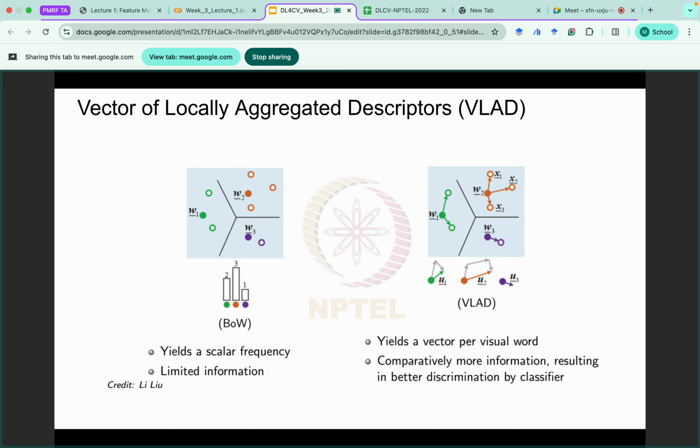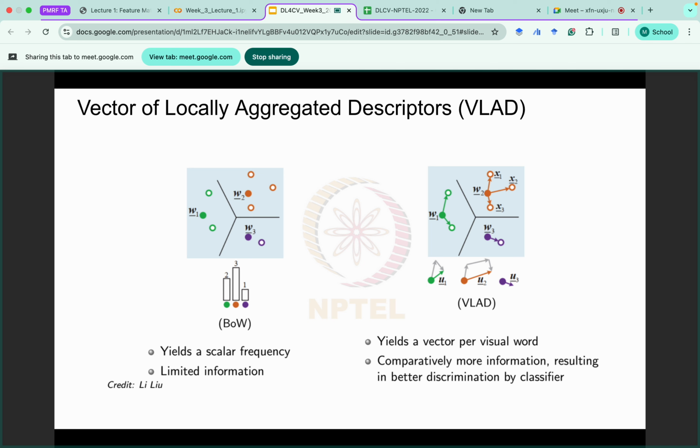So instead of using just how many times a word occurs in a particular image, we can also measure how far the word in my query image is from that in the vocabulary. So based on that, I can also get some distance measures, rather than just checking whether a word exists or not.